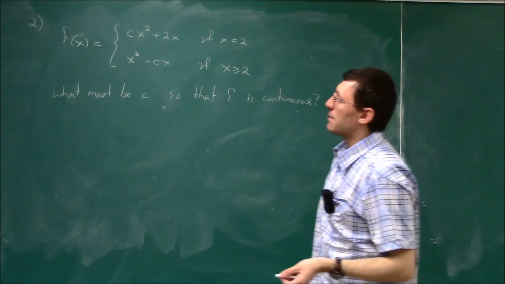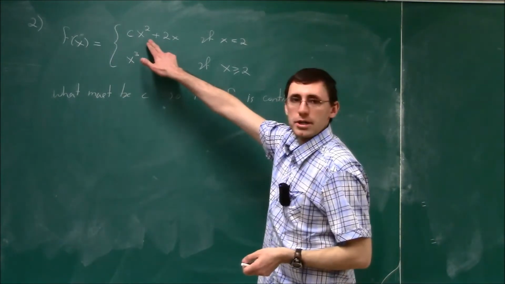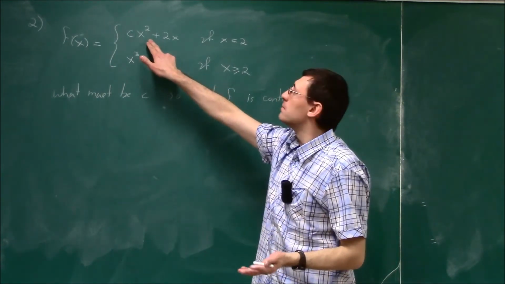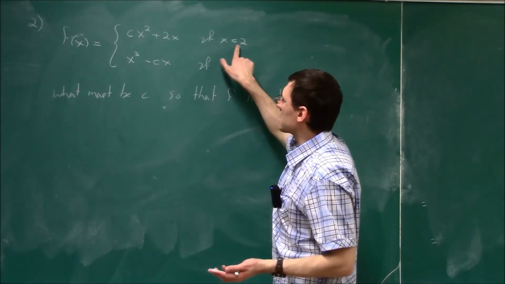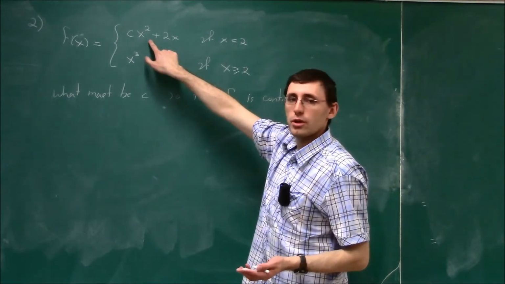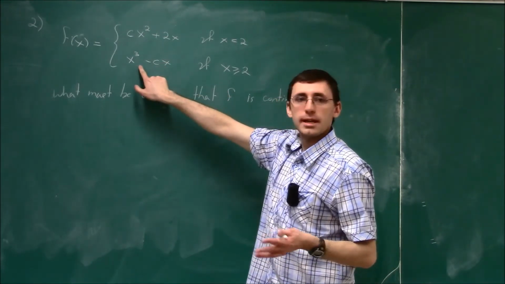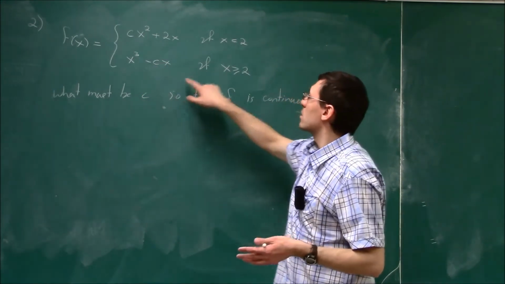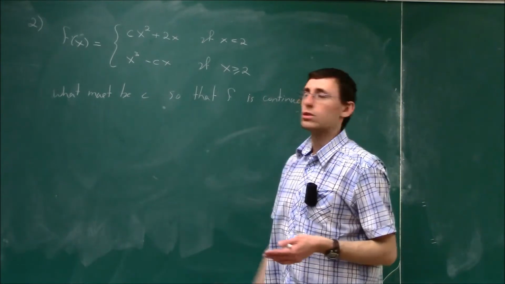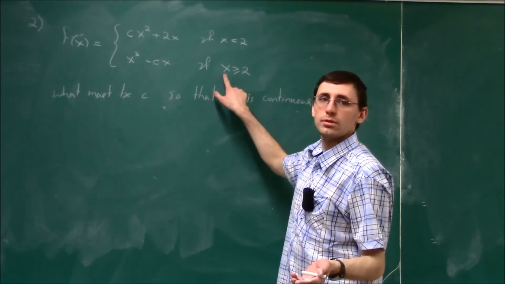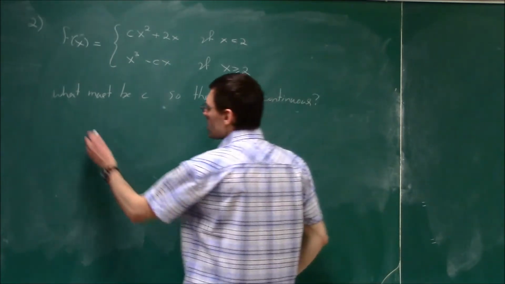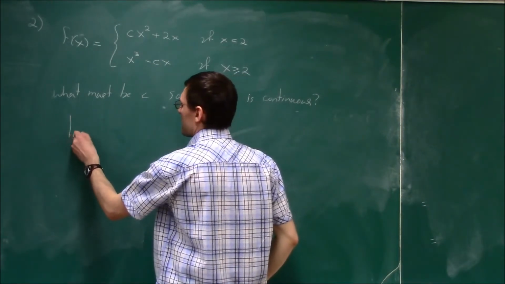All right, let's see what happens here. So again, the top function is a polynomial. So without this jump at around x equal to 2, this would be a polynomial, which will be continuous. This is another polynomial, which will also be continuous. So the only possibility for discontinuity is when you jump from below 2 to after 2. So let's see what must be the case for this to be continuous.